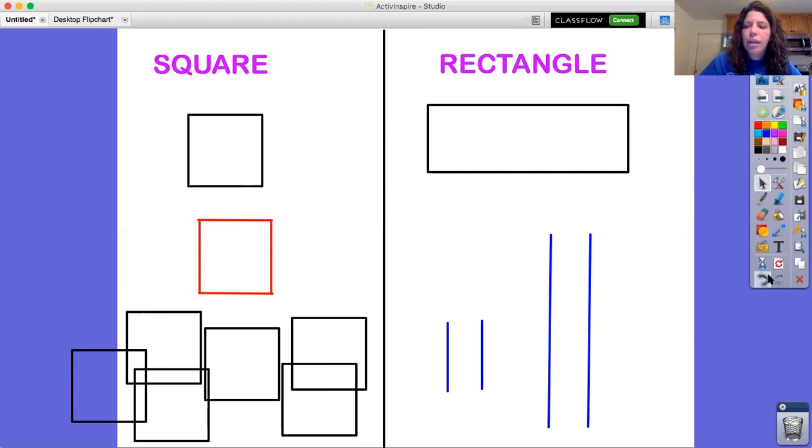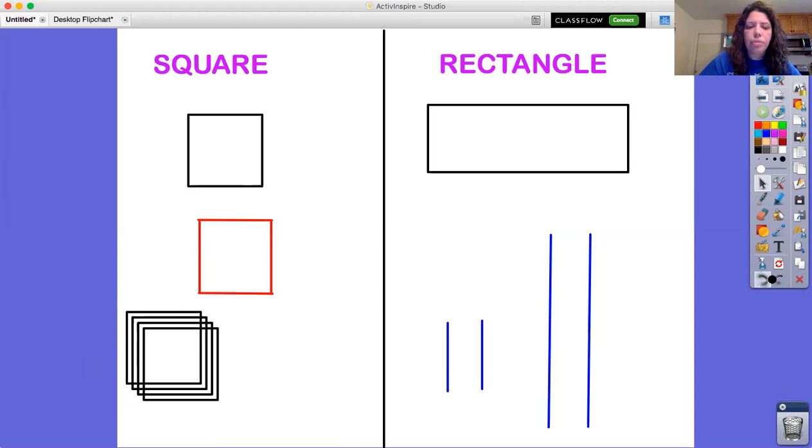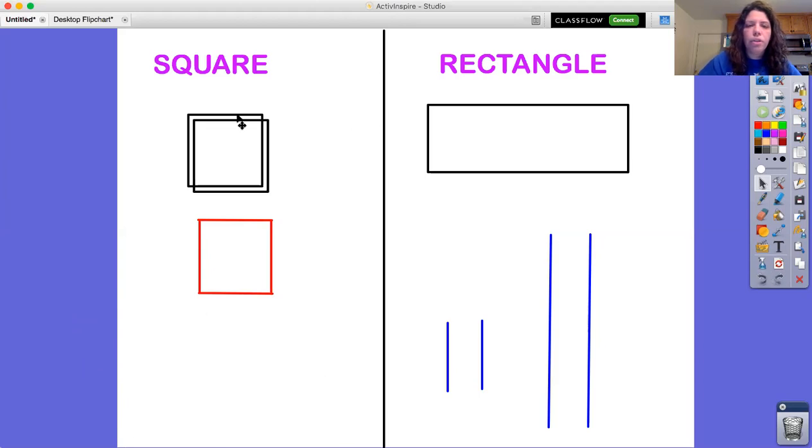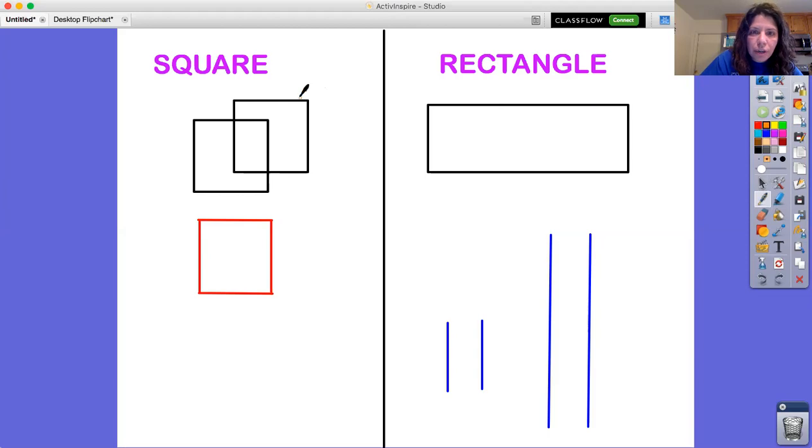Now, let's go ahead and make that cube. So the first thing I'm going to do is create a second square face, and I'm going to have it overlap a little bit with this one right here. Now, what you'll notice is that you're going to have some corners. For instance, this right here is a corner, and here's another corner.